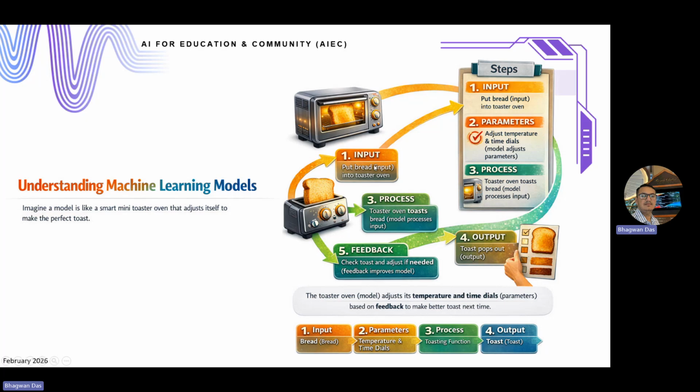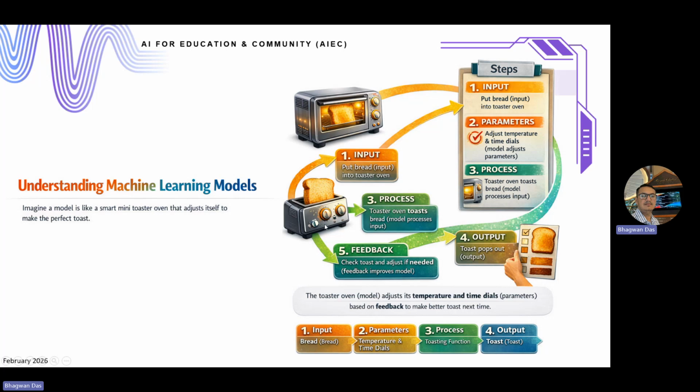So first, in machine learning models or in artificial intelligence, you require the input. And the input in this case is bread. So this input works as the data. Now, where will you give this input or this data? You will put this bread into the toaster, and the toaster could be any type.